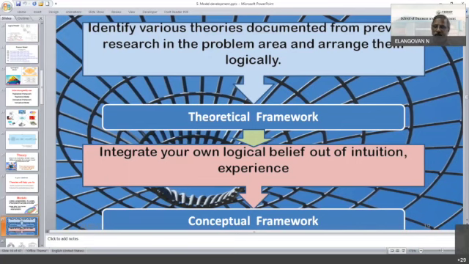So during research, the conceptual model gets converted into a theoretical model. When the evidence is available and the relationships are found to be true, it becomes a theoretical model. That is the difference between a theoretical model and a conceptual model.